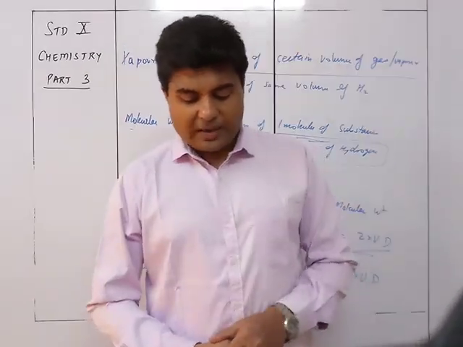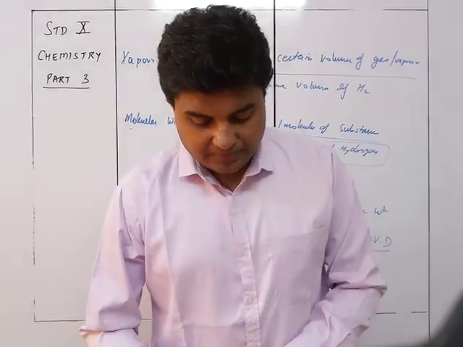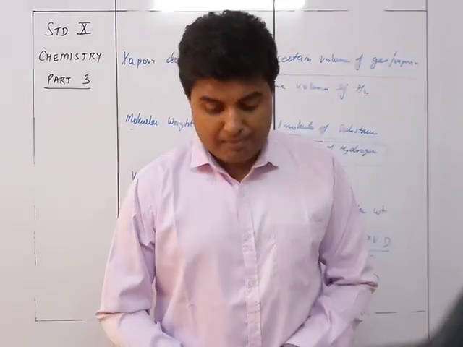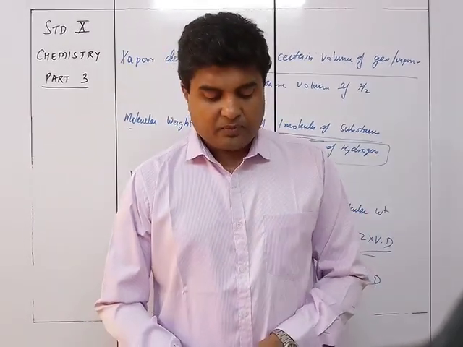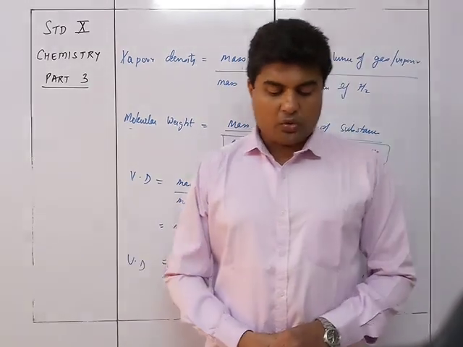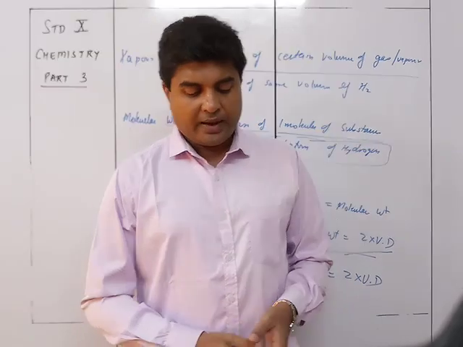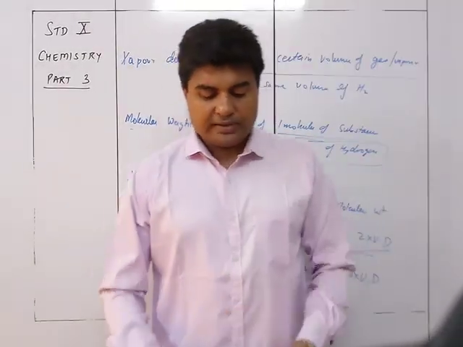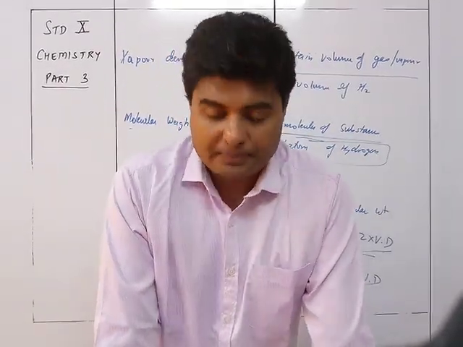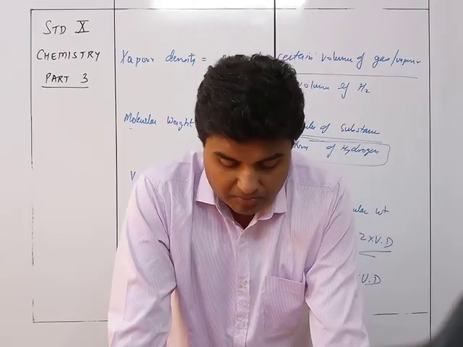Relating mole and molecular mass, 1 mole of any substance weighs 1 gram molecular mass of the substance. For example, 1 mole of oxygen molecules weighs its molecular mass, 32 grams. Gram molecule is the mass in grams of the substance upon relative molecular mass.